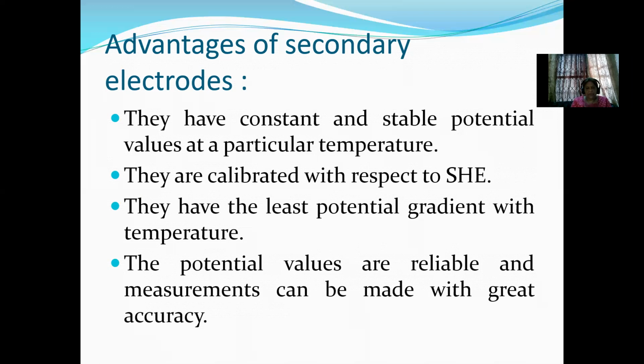The potential values are reliable and measurements can be made with great accuracy. So these secondary electrode potential values are stable and reproducible. They are very much reliable. They do not change with the change of temperature or pressure.